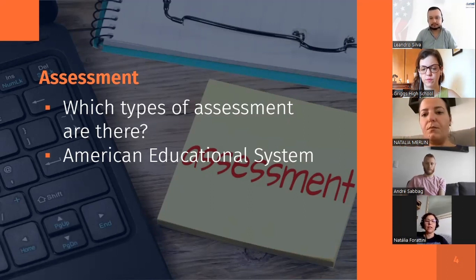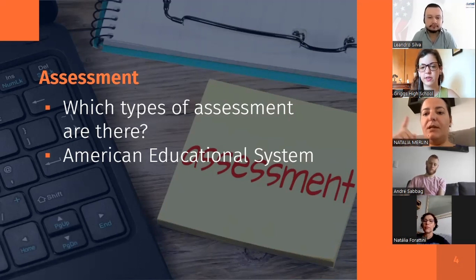Yeah, so the American educational system is a little different. I guess in Brazil it's not so different, but you have some countries like France, where usually they count a lot on end of the year exams and end of cycles exams.